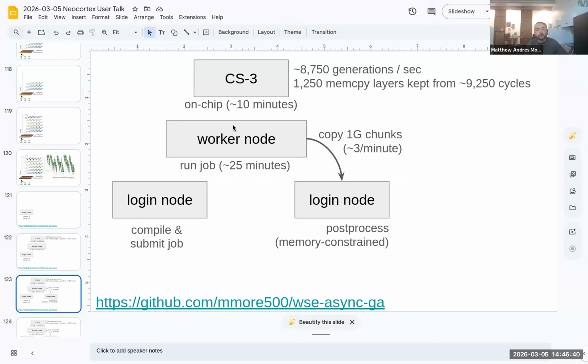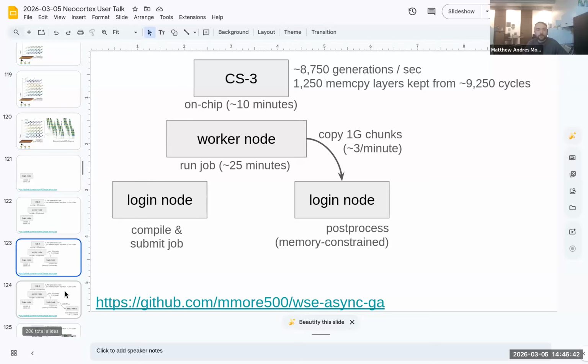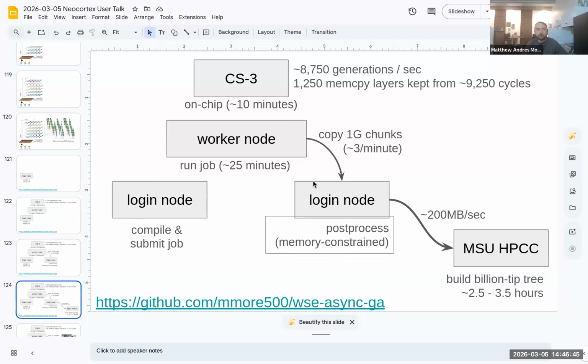the chip. And then we can do some light post-processing on the login node, which has 128 processors available for the users, and then stream the data off of the login node back to the high performance computing center at Michigan State University, where I do the phylogeny building.